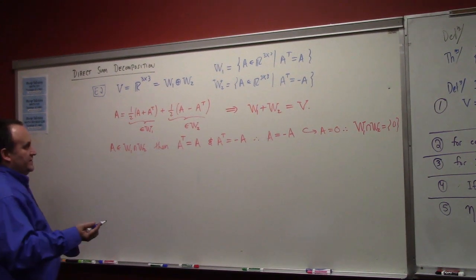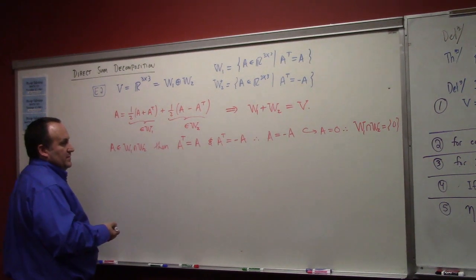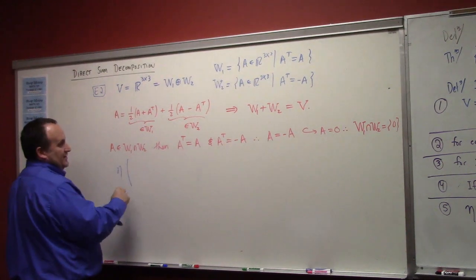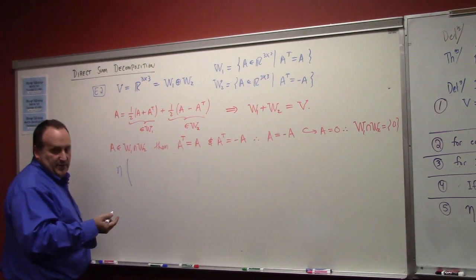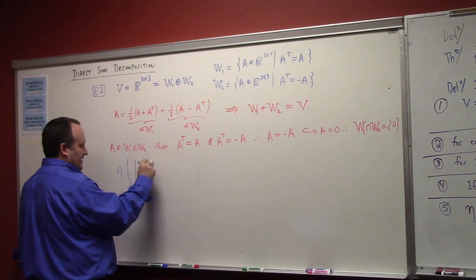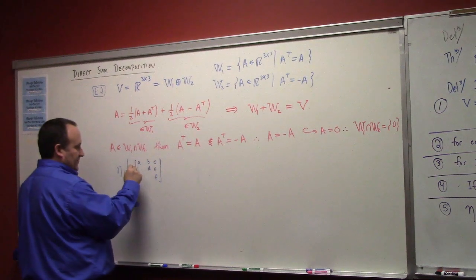And if we wanted to, you can take a typical element of W1, which looks something like A, B, C, D, E, F, where some entries are repeats.